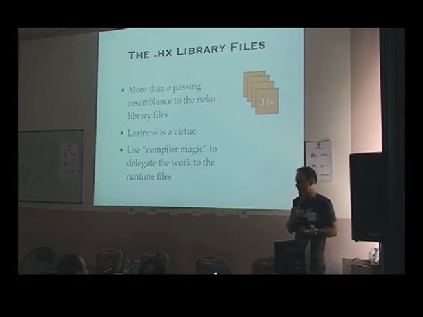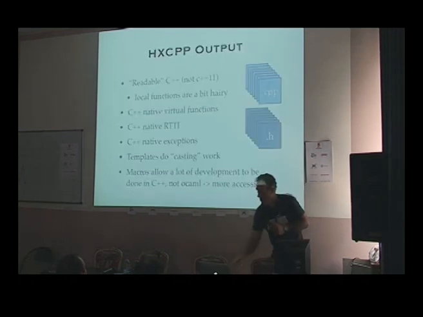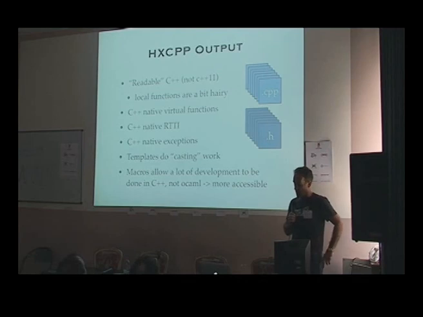And what these files mainly do is use various small little delegations to the actual CPP runtime that gets compiled into the final executable. There's not a lot of logic or intelligence in these files.